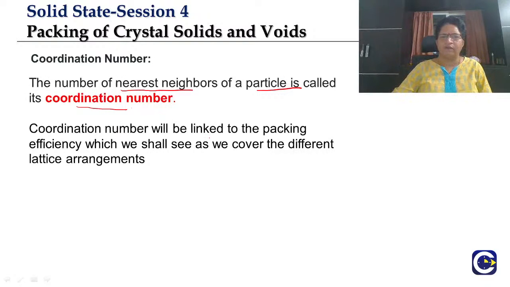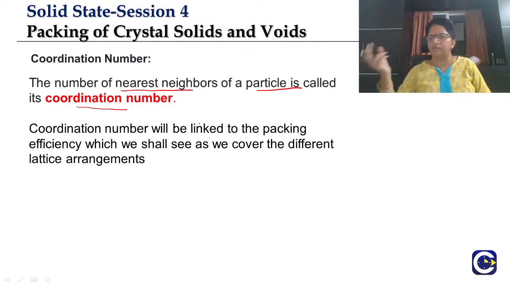Coordination number will be linked to the packing efficiency, which we are going to see. Like in an ionic compound, if it is FCC, the coordination number will be different. For HCP, the coordination number might be different. Body centered, the coordination number will be different. It depends on the packing efficiency.